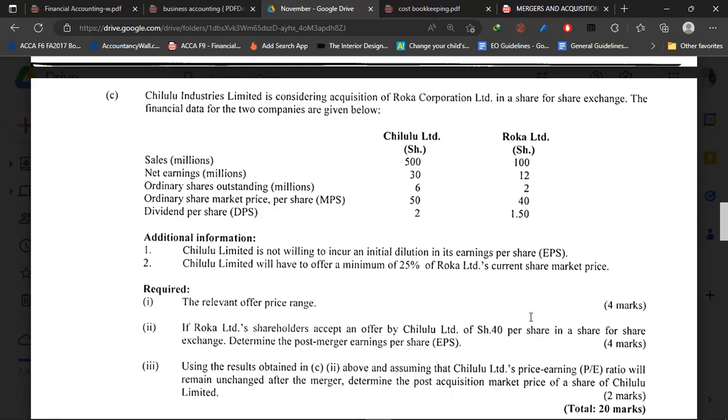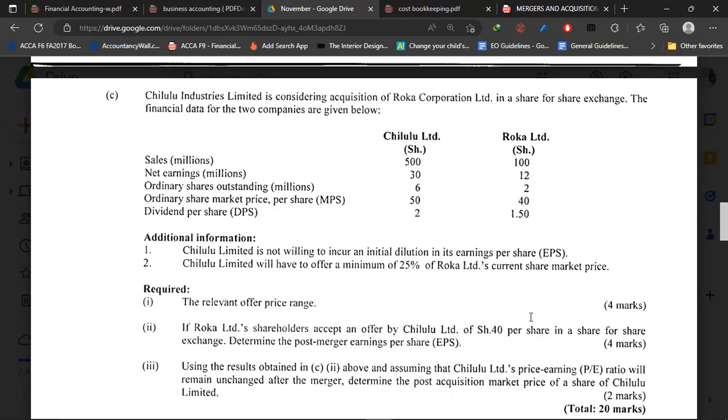From the formula I've already read for you, you take the market price per share of the predator, divide by the earnings per share of the predator, and then multiply by the earnings per share of the target. We are going to achieve our non-dilution offer price.